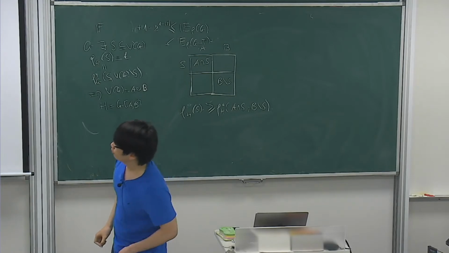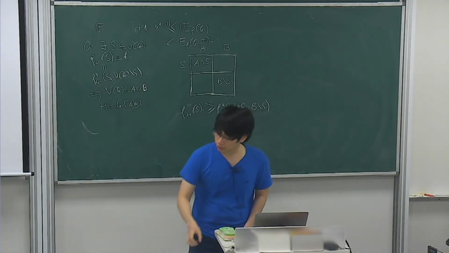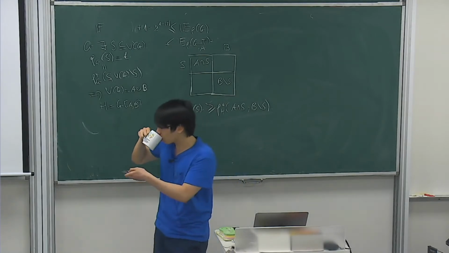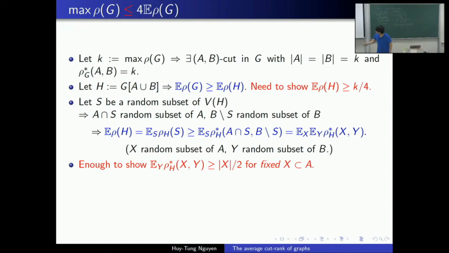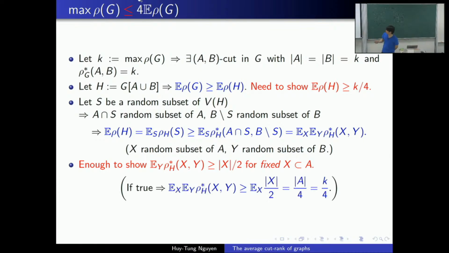And so I guess it's an inequality. So because of this inequality, we will have to show that the expectation with respect to y of the rank of the xy cut in H is at least |x| over 2 for every fixed subset x of A. Because if this is true, then we get the desired result.